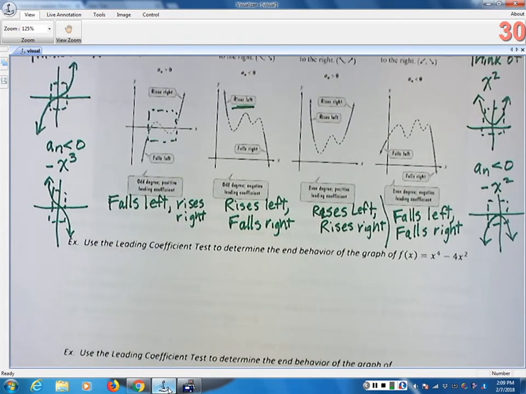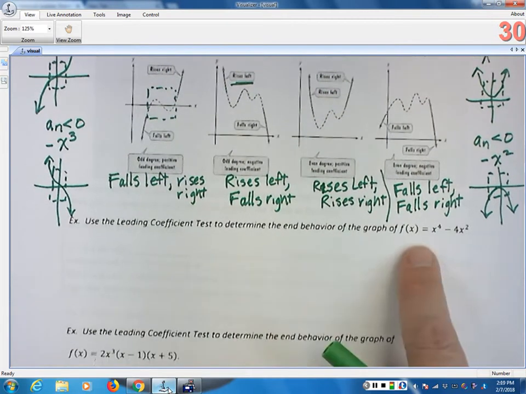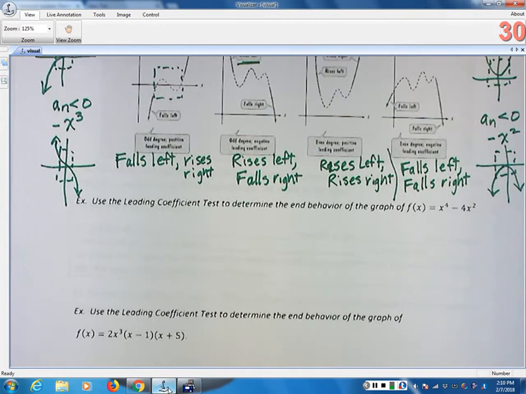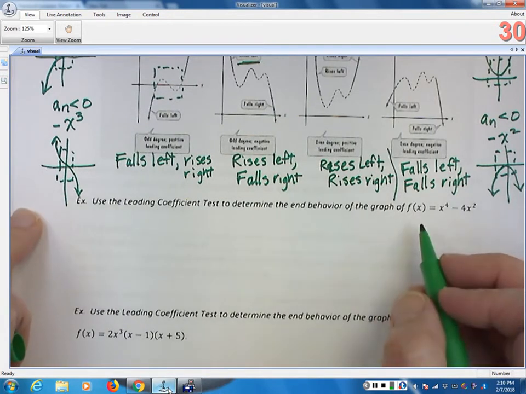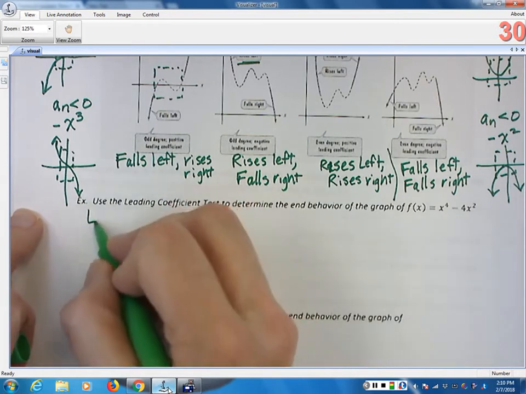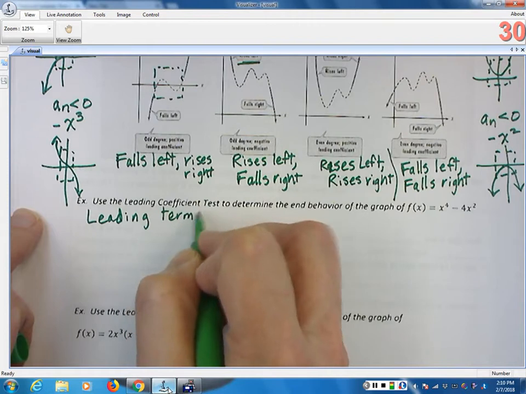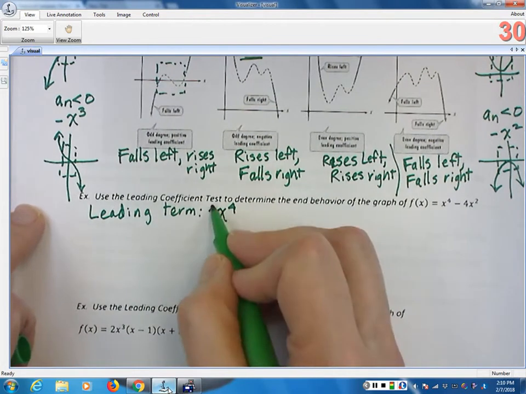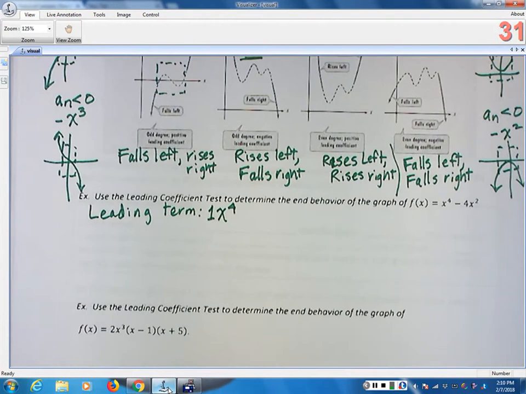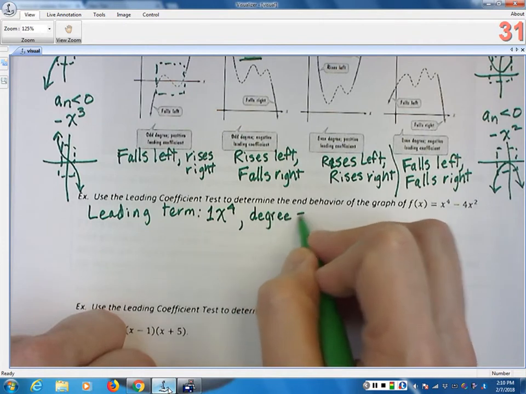So we're going to use the leading coefficient test to determine the end behavior of this graph. We have x to the fourth minus 4x squared. But first, we look at the leading term. The leading term is x to the fourth. It has an understood coefficient of 1. So what's its degree? Its degree is 4.